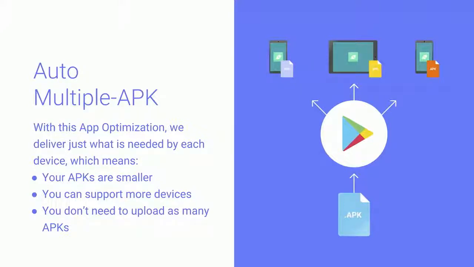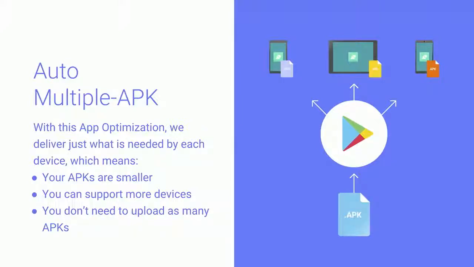We've had developers in the past tell us they don't want to add support for 64-bit architectures because it will result in a significant increase in their APK size. But now, since we will only include the necessary architectures for each device in the APK we send down, you can add support for new architectures without affecting APK size for users.